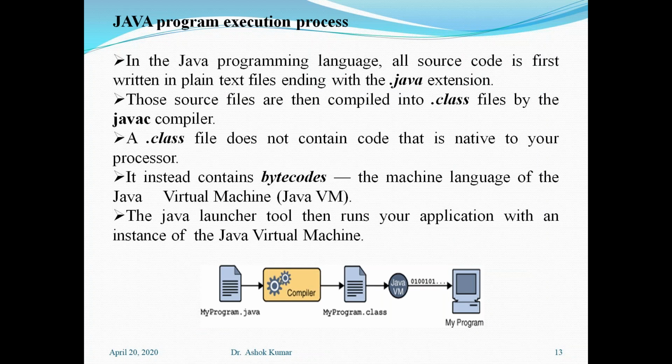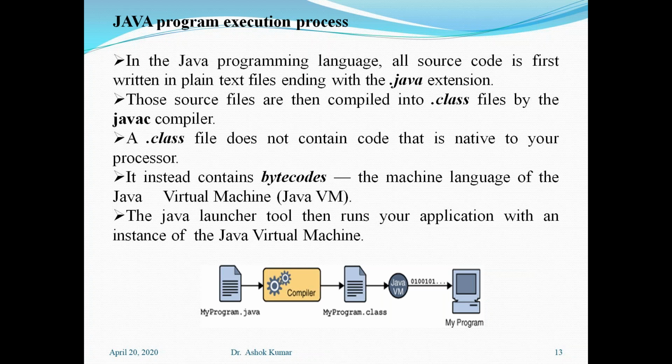as we discussed in the earlier slides, first of all you will create the program file, and you will name that file with the extension .java. And when you compile it, a file is created that is called a class file or bytecode. This bytecode file is not native code, it is basically a specialized code.